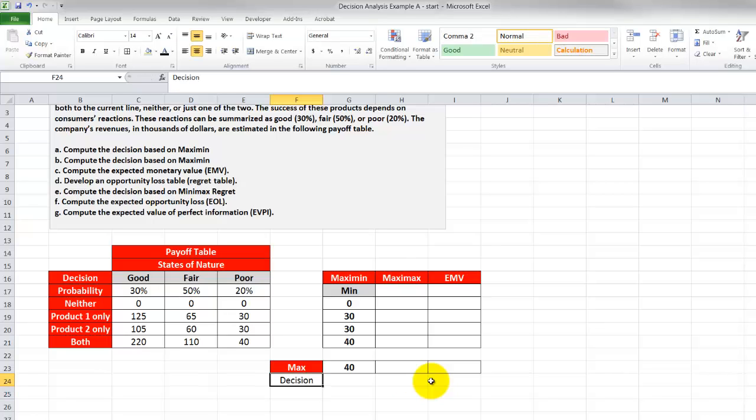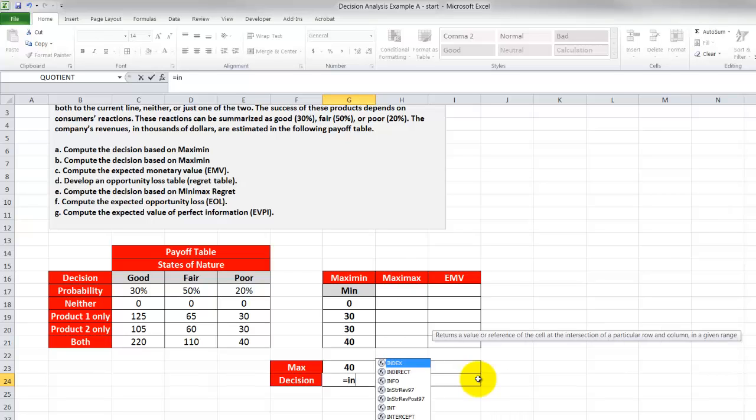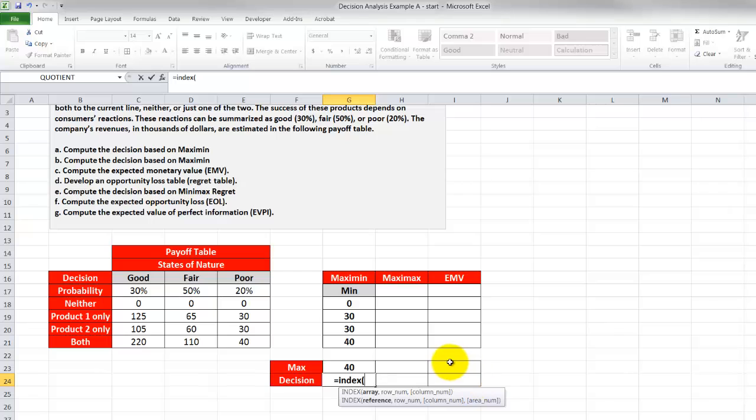The decision, and we're going to utilize some good old Excel functions here. Let's identify the decision. How about with an index match? Okay, so the index, we want to return one of these 4 outcomes, neither product 1, product 2, or both.